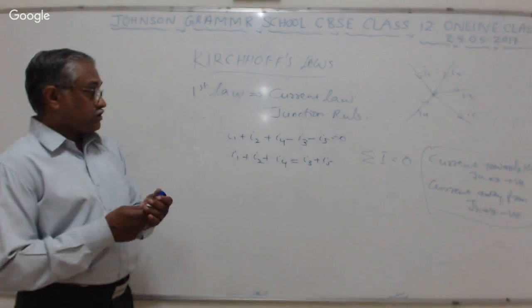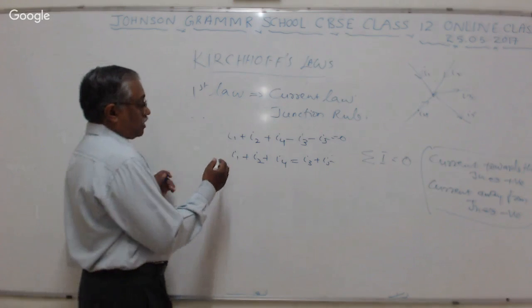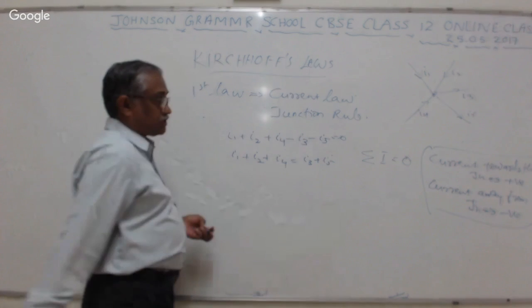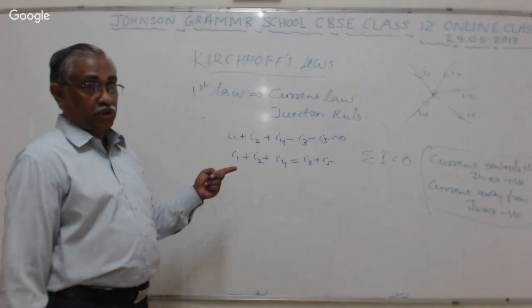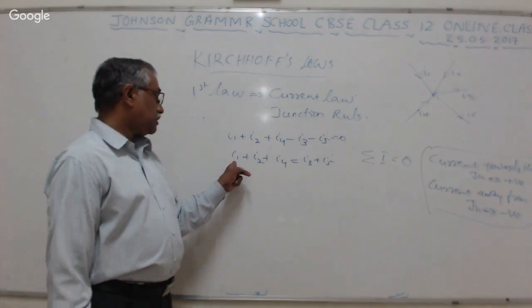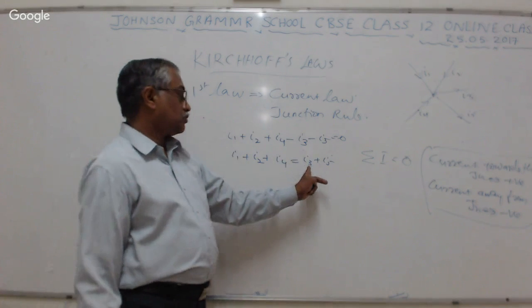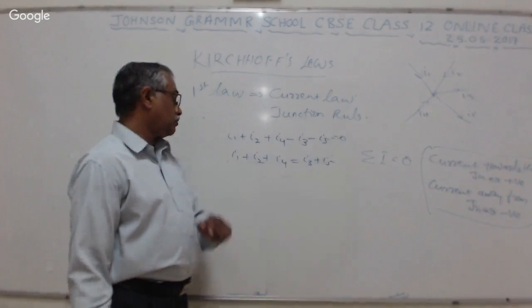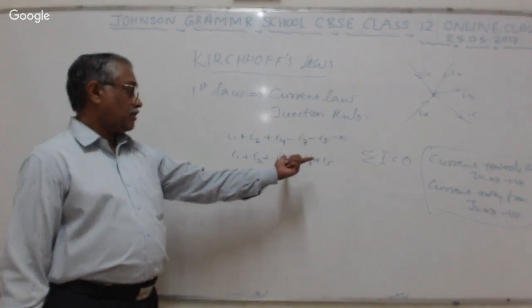To prove that, we use Q equal to I into T. So we can say Q1 plus Q2 plus Q4 is equal to Q3 plus Q5, and we multiply both sides by T.